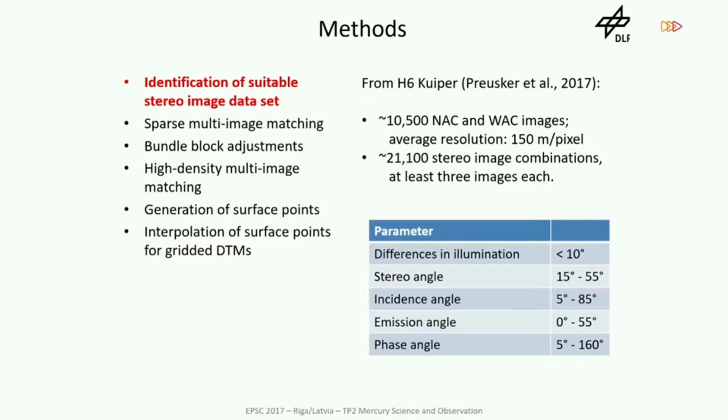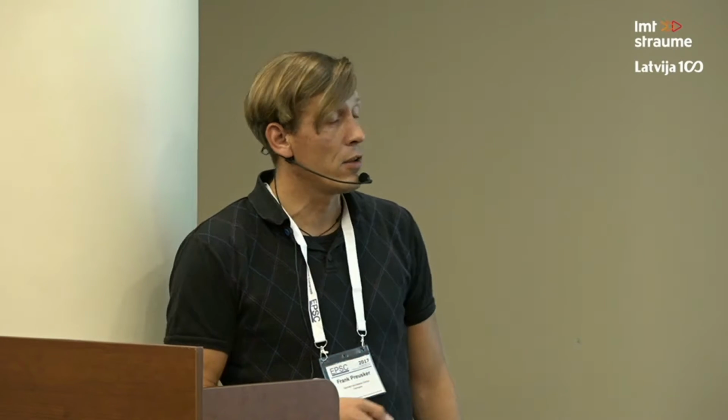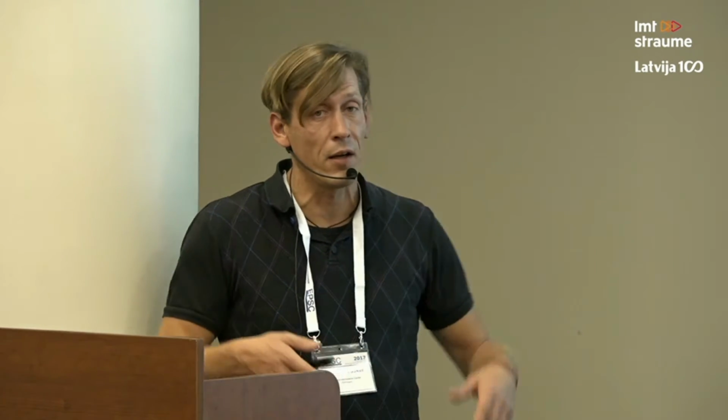One important point is the illumination conditions. For the image correlation, we need images which are nearly similar, so that they can be perfectly matched. The stereo angles are needed for the reconstruction. Incidence, emission and phase angles should be similar. We need well illuminated images for correlation and so on.